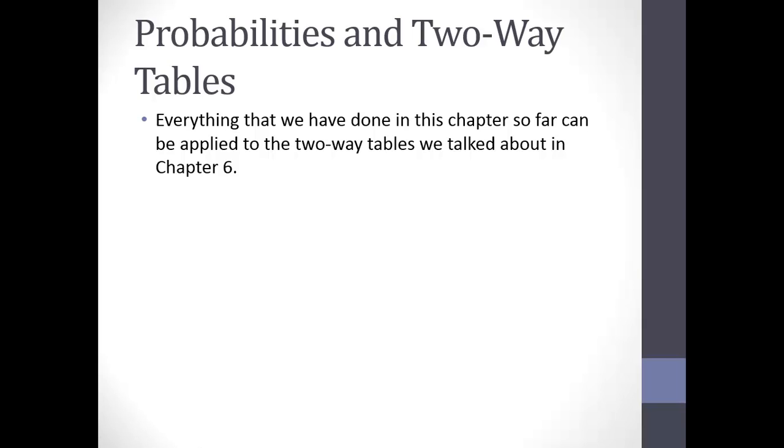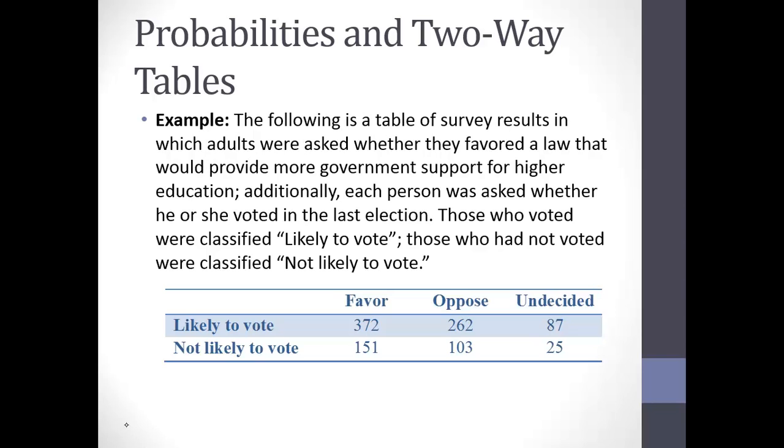And then just finally in this chapter, I wanted to draw the connection back to chapter 6. What we can do in chapter 12 with probabilities is the exact same thing that we did in chapter 6. We can talk about them a little bit differently, but same idea. So let's do an example where we have survey results. Adults were asked recently whether they favored a law that would provide more support for higher education, and we also asked each person whether or not they voted in the last election.